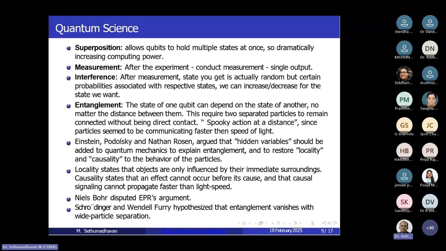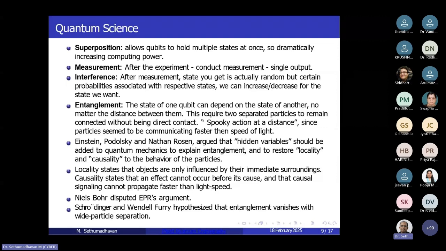And the next few points are the debates in physics, between classical physics and quantum mechanics, on how people tried to explain the spooky action at a distance. For example, EPR, that is Einstein, Podolsky, and Nathan Rosen. They were arguing that a hidden variable should be added to quantum mechanics to explain entanglement. They talked about locality and causality in the behavior of particles.